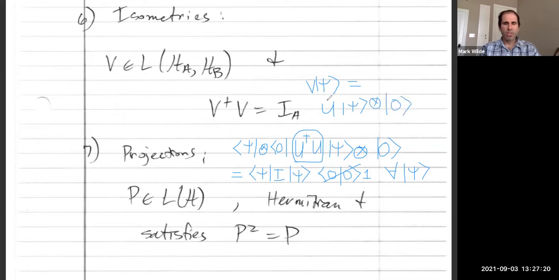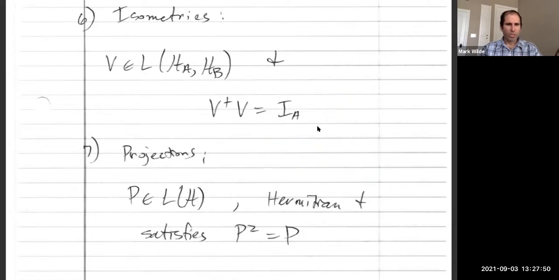These steps show that when you define V in this way, V dagger V is the identity matrix. Is that clear? Any questions on that? That might be kind of new for some people. All right, let's continue.